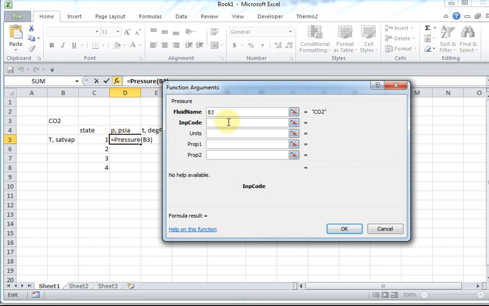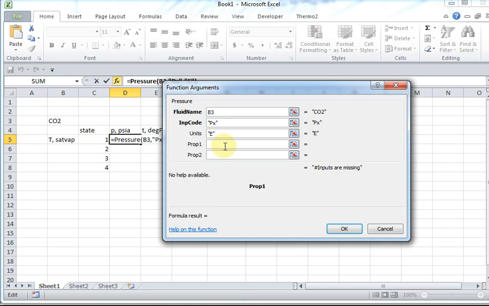Now the input code and then the units. The input code tells me what is my prop 1 and prop 2. All right. I'm going to guess that pressure and quality will work. Okay? Now it starts to tell me I'm missing some inputs. That's fine. And I'm going to say it's English units, because that's our PSI and degrees F and BTUs.